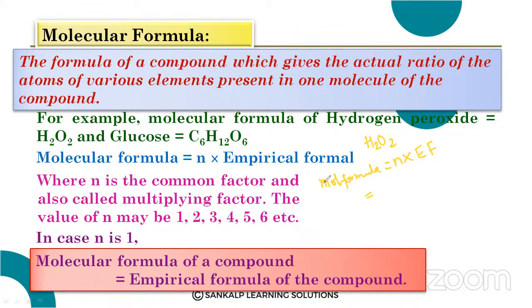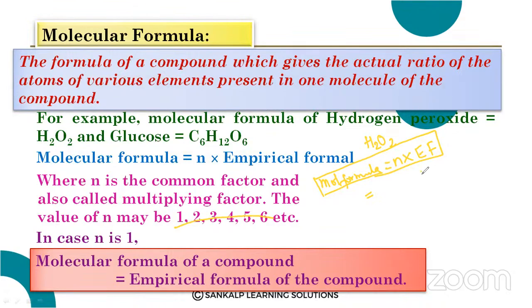So molecular formula equals common factor times empirical formula. Now, what is the common factor? It can be 1, 2, 3, 4, 5, 6, etc. Now we can calculate the molecular formula. So what was the empirical formula in case of H2O2?